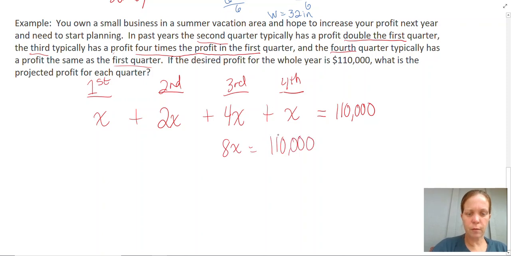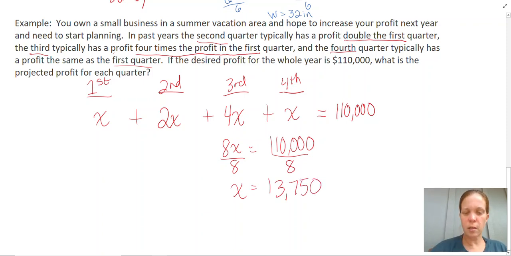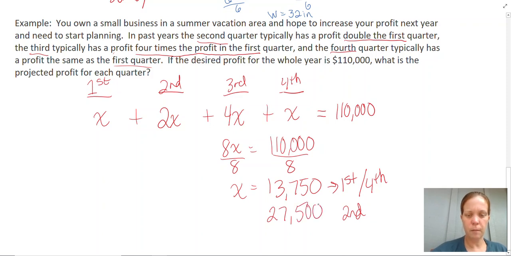So then when we divide by 8, 110,000 divided by 8 is 13,750. Okay, so that's going to represent the profit that we won in the first quarter, and actually the fourth as well. Okay, so then the second, we want to double that, 27,500.